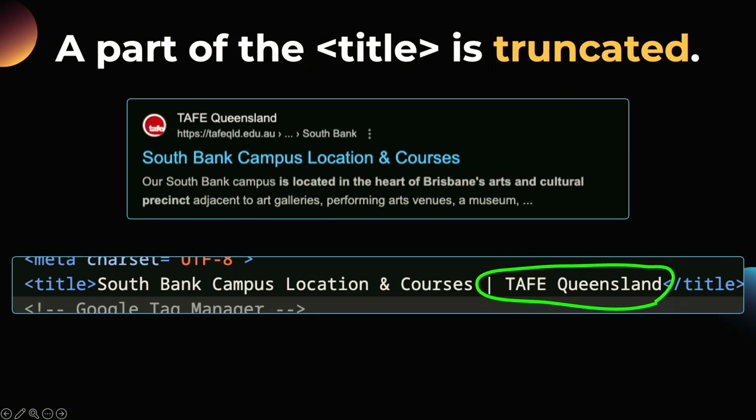But in the search result, Google cuts it off. Why would it do that? Because Google already shows TAFE Queensland as the official site name above the title, right? It removes the repetition to make the title cleaner and more direct for the user.